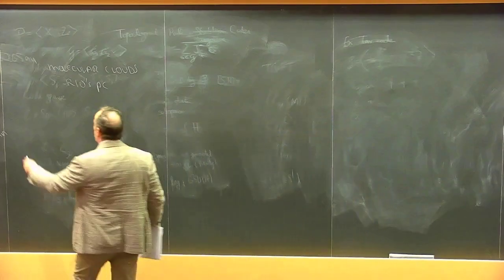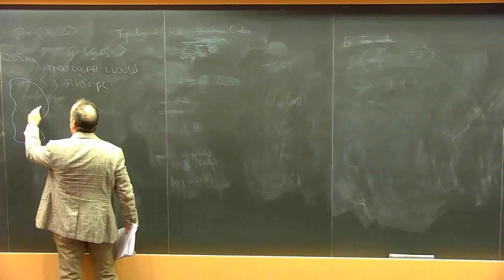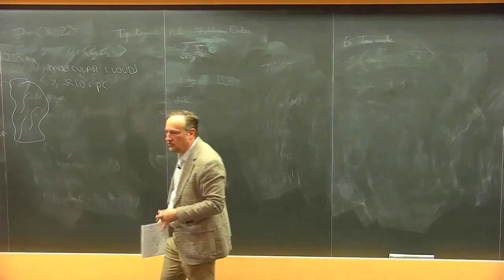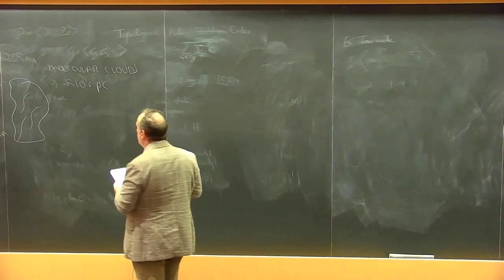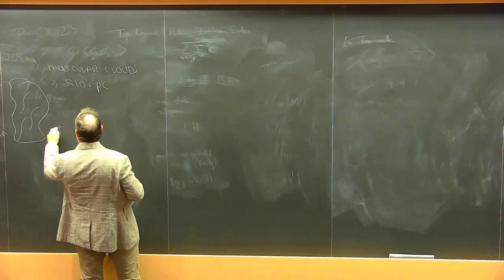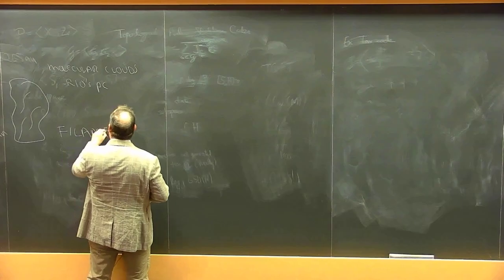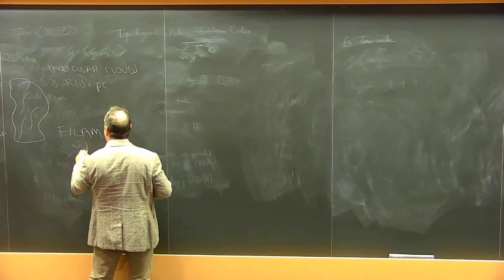All right, so I have this giant molecular cloud. And inside the giant molecular cloud are denser filaments. They're denser by a factor of maybe 10 or 100 above that of the cloud itself, and these are of order parsec scale.